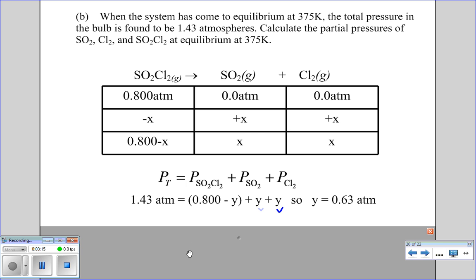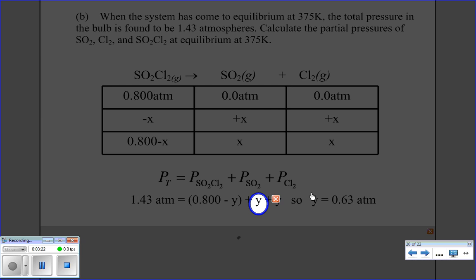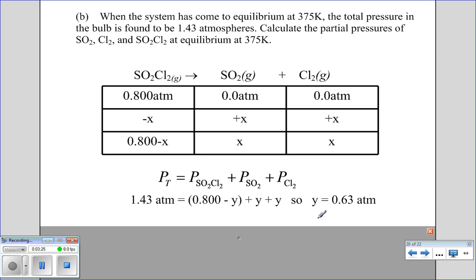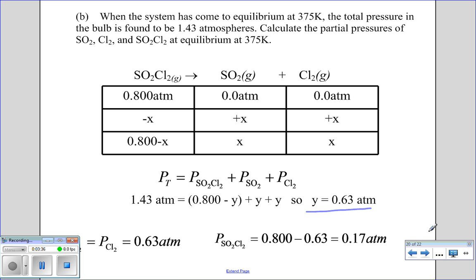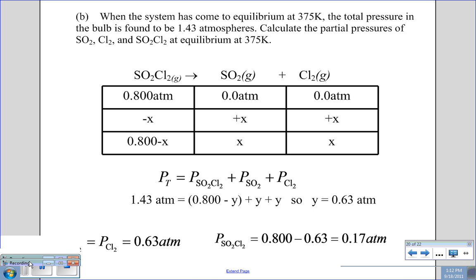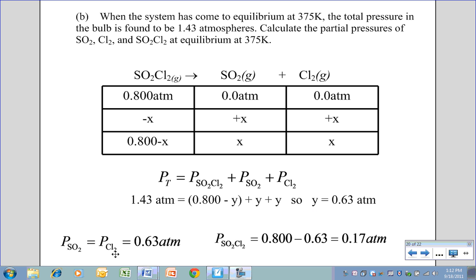Apparently something happened between up here, where I was calling my unknown x, and down here where I started calling the same unknown y. Don't know how that happened, but it did. But this is easy algebra. We find out that y equals 0.63 atmospheres. So if y is 0.63, that means that the pressure of SO2 and Cl2, which are the same, are both 0.63, and the pressure of sulfuryl chloride is 0.8 minus 0.63, or 0.17.